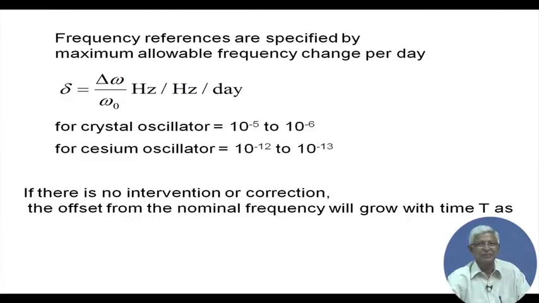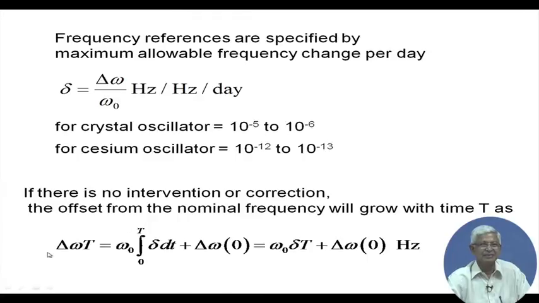This can be presented in a mathematical form: over time capital T, delta omega at T is omega naught integral 0 to T of delta dt. This delta is the frequency change per day, and over T it will grow, plus the initial frequency difference that was there.